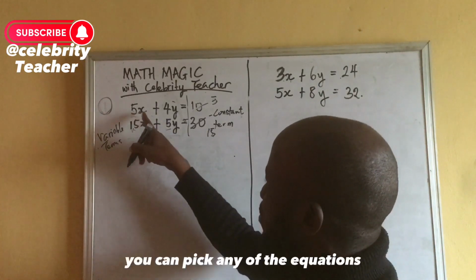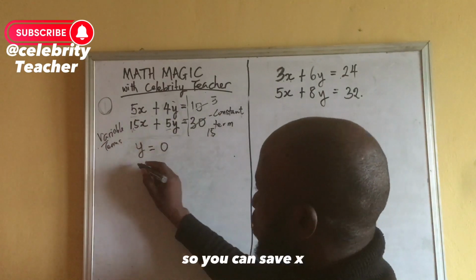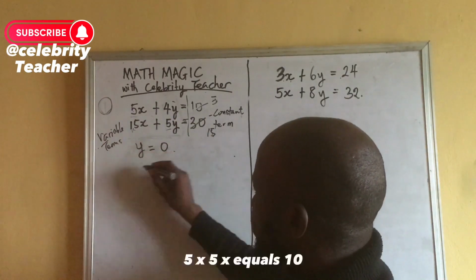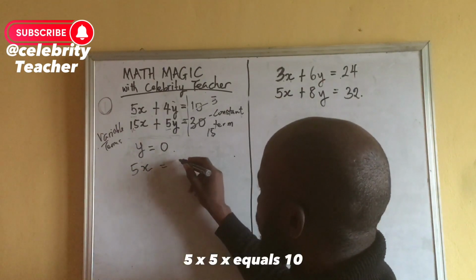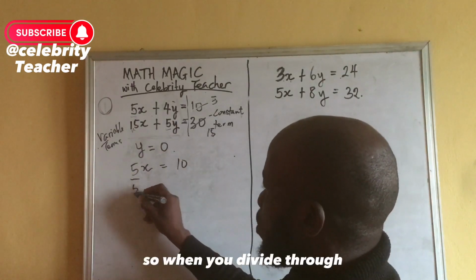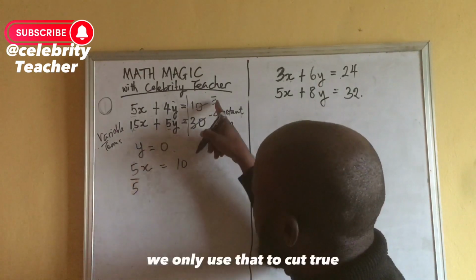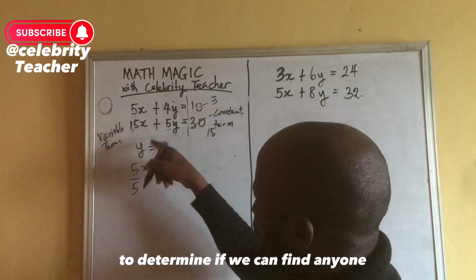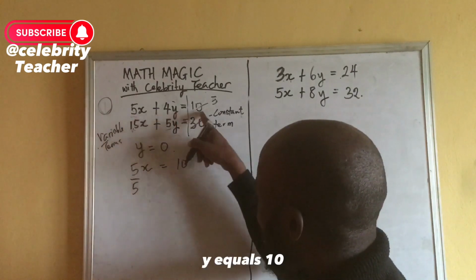Now, let's solve for x. You can pick any of the equations, any one on top, and you still arrive at the same answer. So you can say 5x equals 10. When you divide through, please don't make the mistake of using this 5 here. We only use that to cut through to determine if we can find any that looks like this. The real equation is 5x plus 4y equals 10.